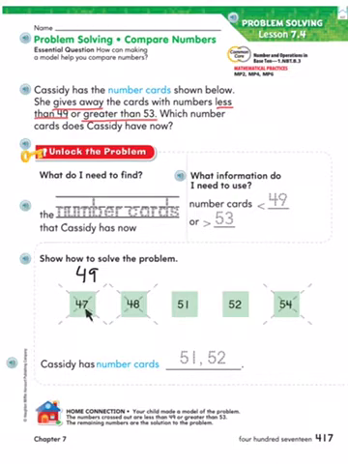So 47, I know that 7 ones is less than 9 ones. So 47 must be less than 49. I know she gave away the numbers that were less than 49. So I can cross off 47 because it's less than 49.